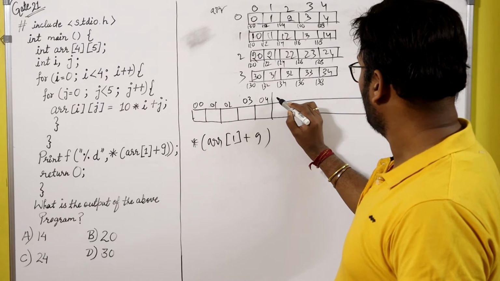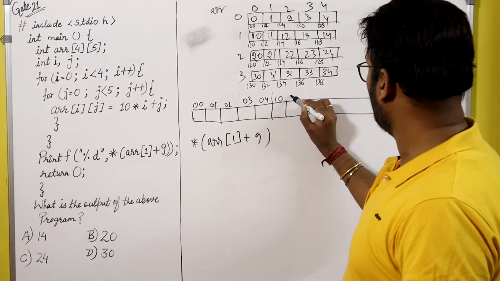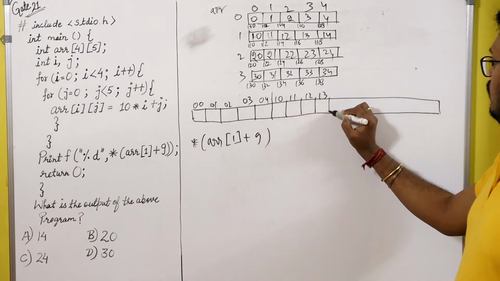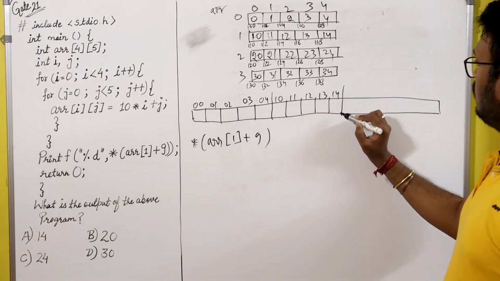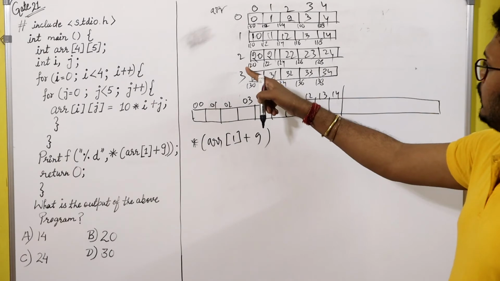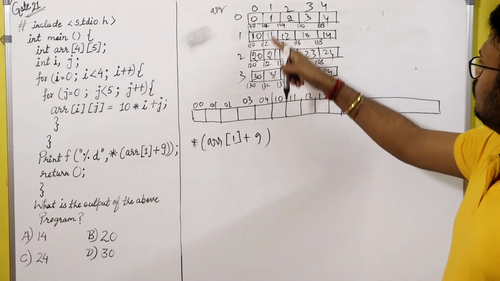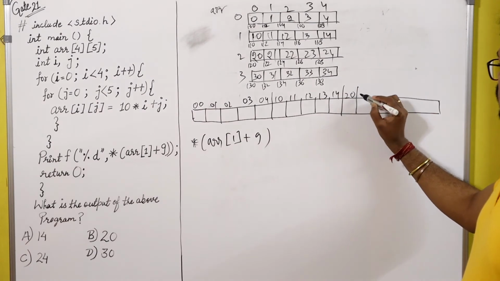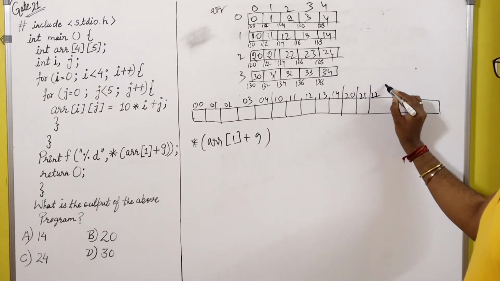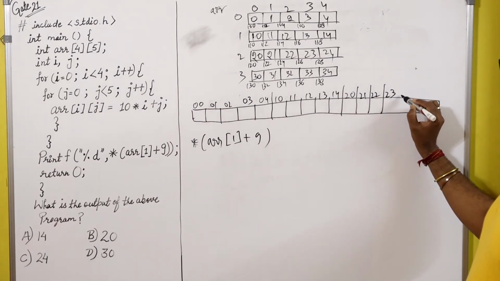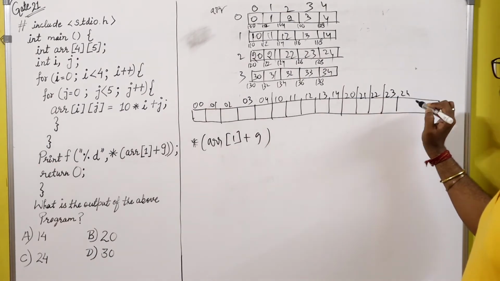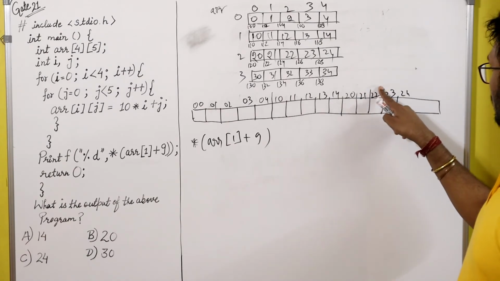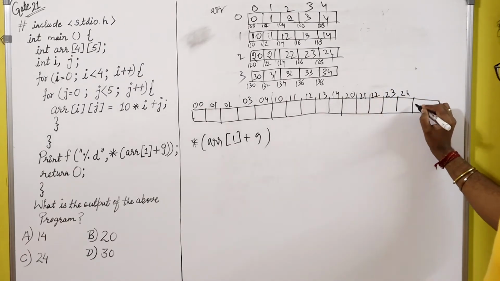Then 1 0, then 1 1, 1 2, 1 3, 1 4. Then 2 0, 2 1, 2 2, 2 3, 2 4, and so on.